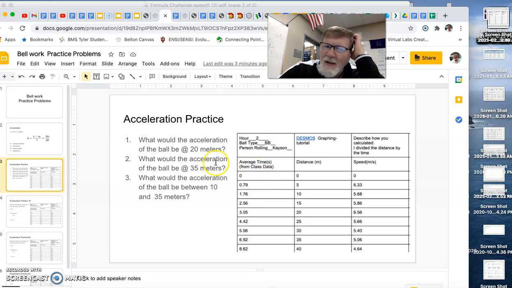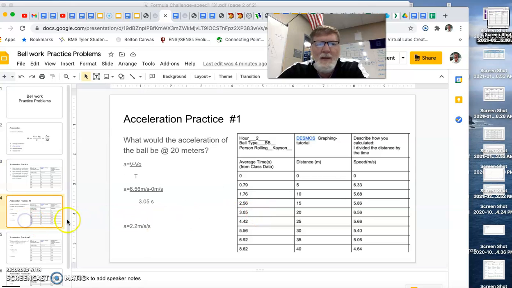If we were to look at what the acceleration of the ball would be at 20 meters, we would come down here to 20 meters, where the speed is 6.56, and it took 3.05 seconds to get there. The initial velocity would be 0, and the final velocity is 6.56. We would divide that by the time of 3.05 seconds to get the acceleration.